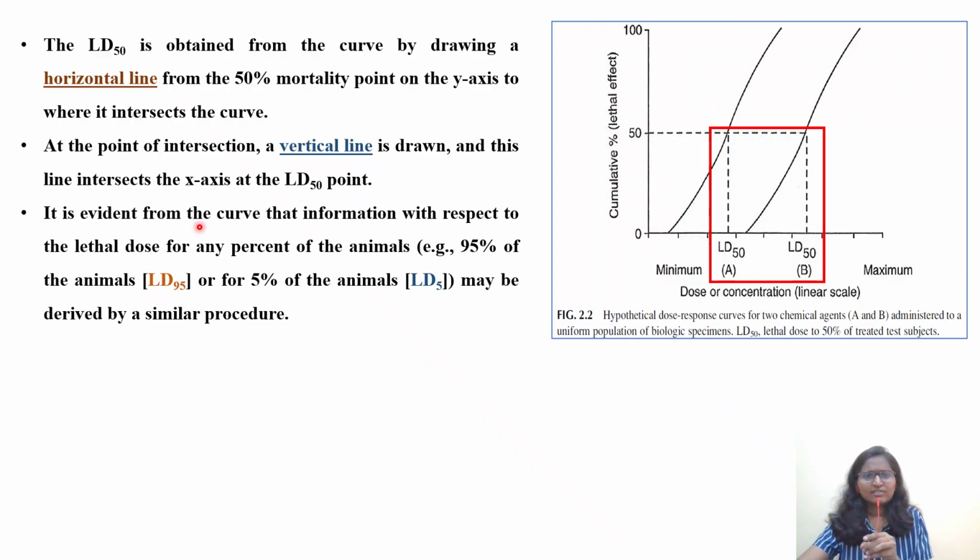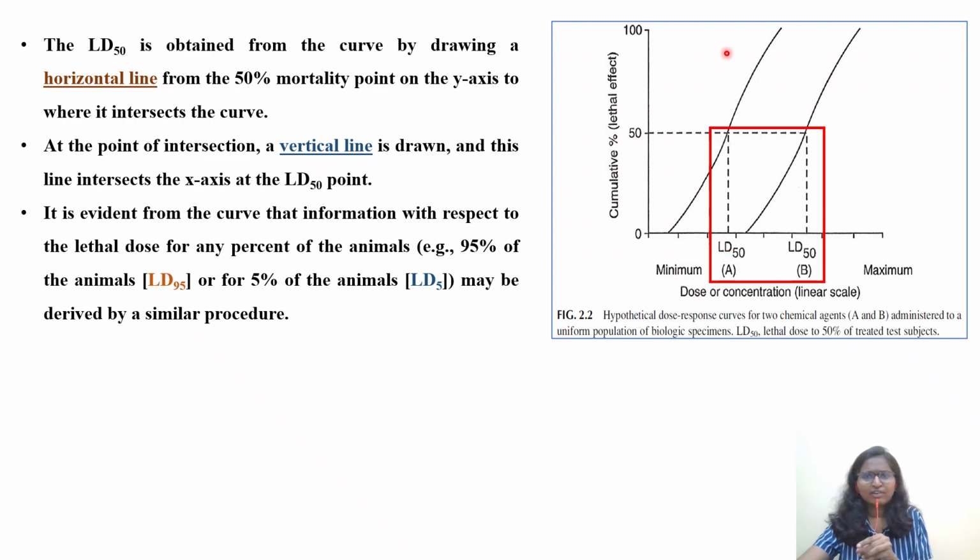It is evident from the curve that information with respect to the lethal dose for any percent of animals, 95% of the animals or 5% of the animals, may be derived by a similar procedure. So here, 50% as response, extrapolate it to the dose response curve, and from that intersection point move towards the x-axis, you will get the LD50.